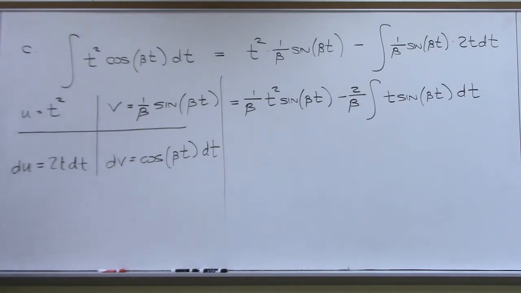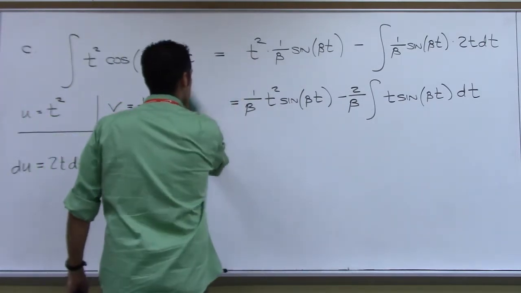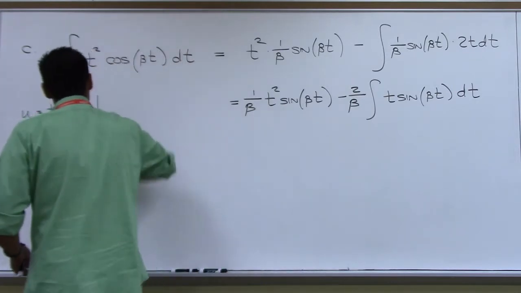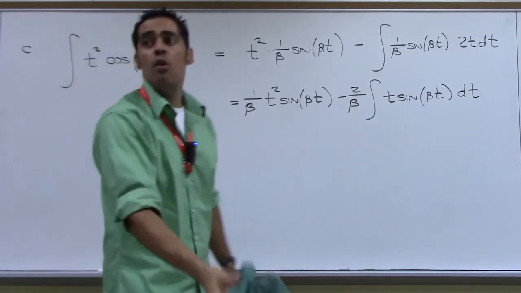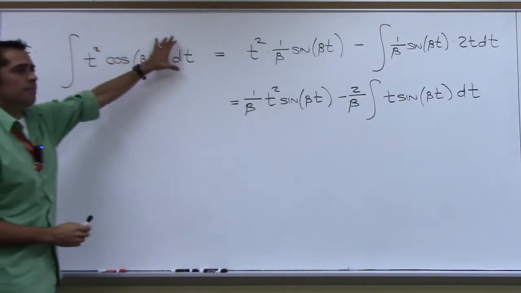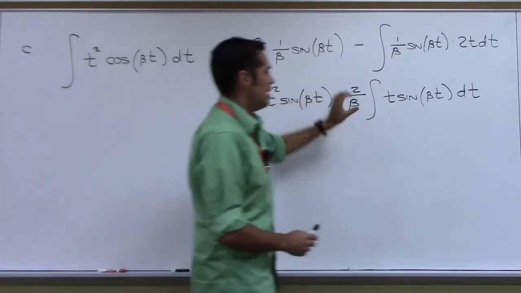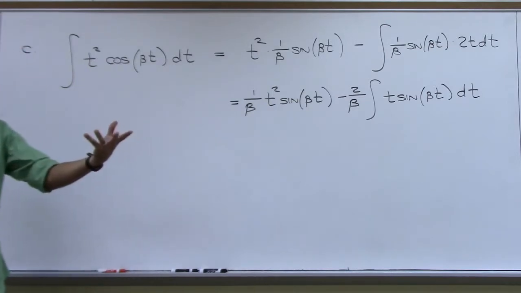So remember that the goal of integration by parts was to transfer the derivative so as to create a new integral that we hope is better than the one we started with. So here's our original integral. We've got it down to this, and here's our new integral, but that new integral is still not doable as it stands.